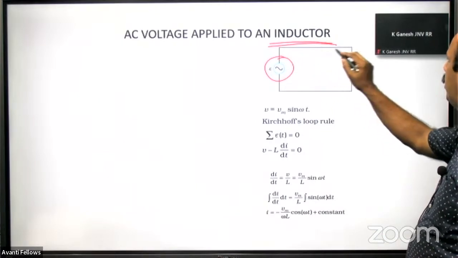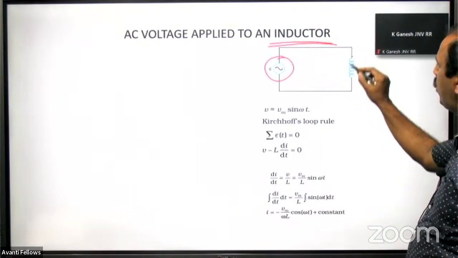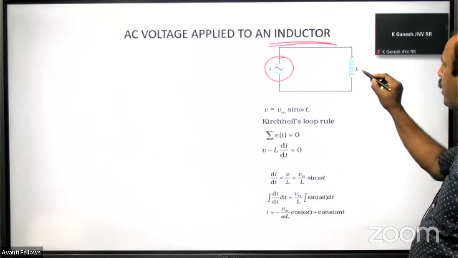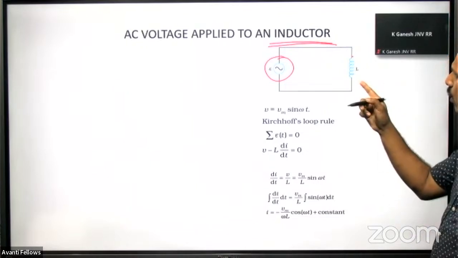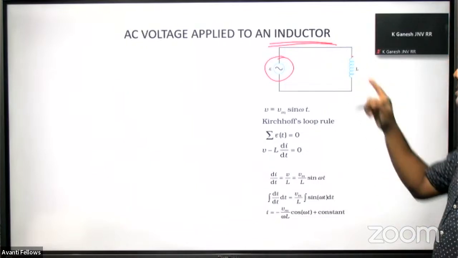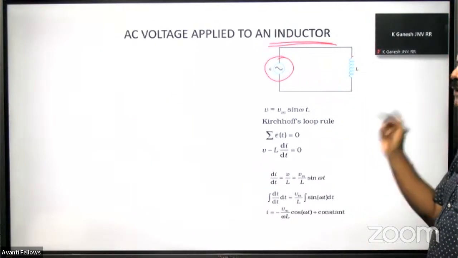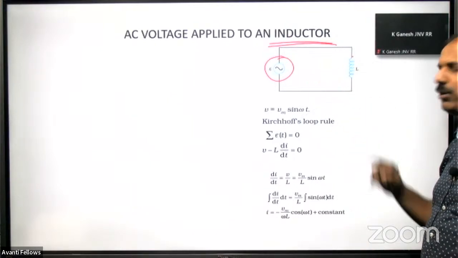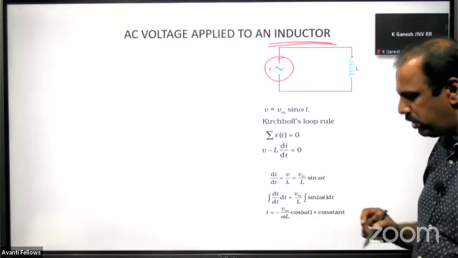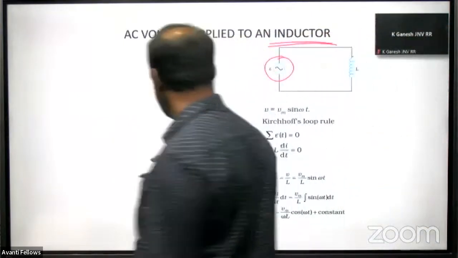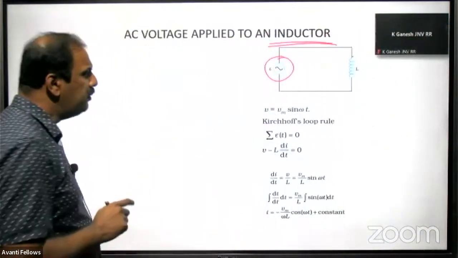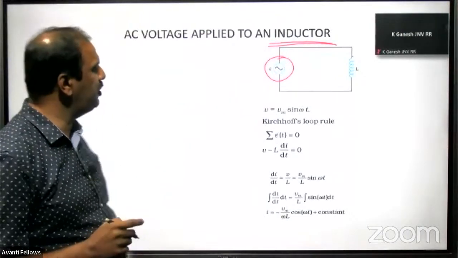So here we have a coil or an inductor. So L is marked here. Now we have to find out what is the voltage here and what is the current here, what is the angle between voltage and current. All those things are our work now. So in the beginning, first we will see what is the voltage here.